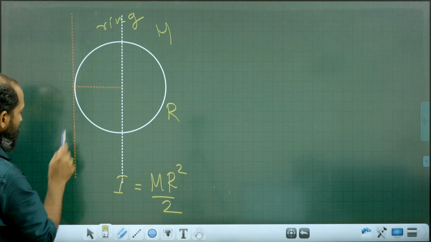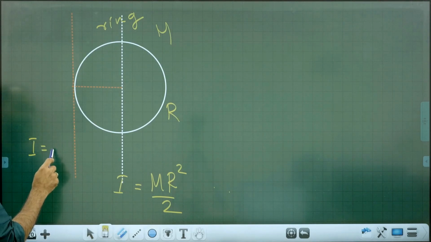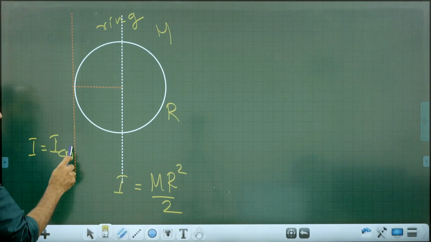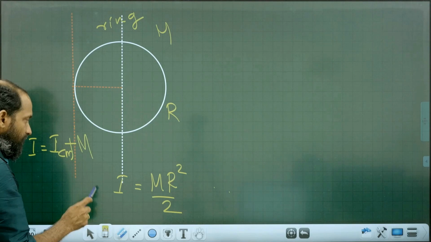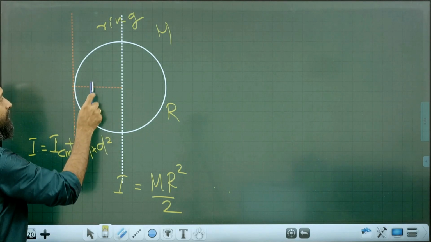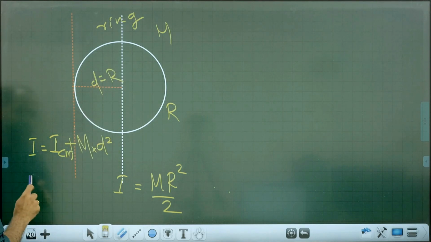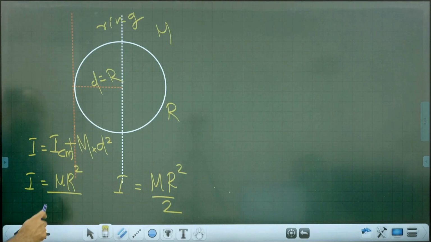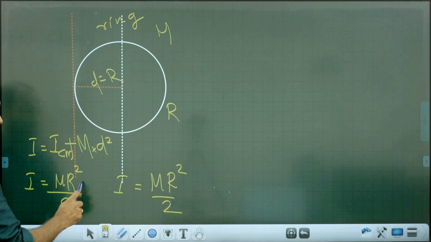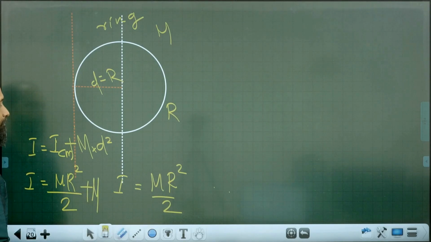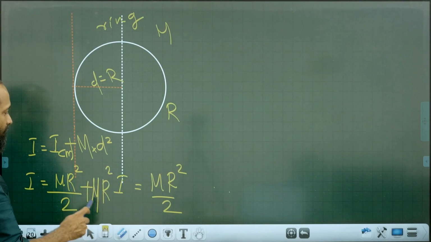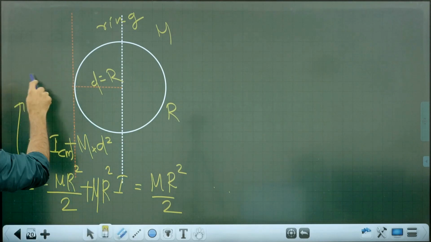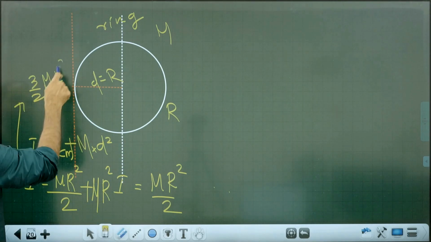So about this axis, new moment of inertia is moment of inertia about an axis passing through center of mass plus mass into square of that distance. Here that distance is r. That is why I is equal to m r square by 2 plus m into d square, which is r square. That is why m r square by 2 plus m r square, that implies 3 by 2 m r square.